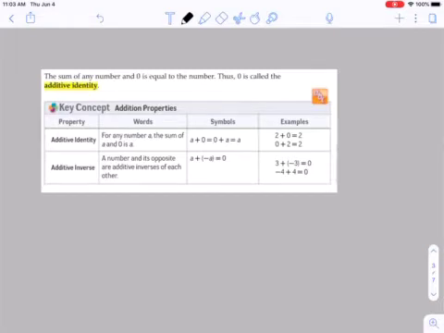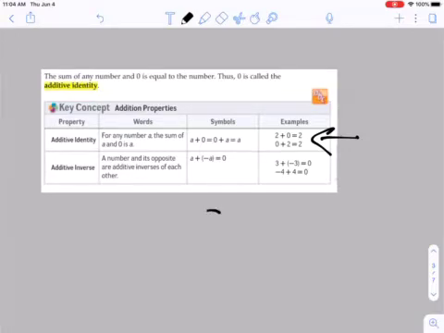All right, so there are some examples off to the side here, and you will need to remember what this is called. And then one that gets confused with it a lot is additive inverse. Additive inverse is different because you're not adding 0, you're adding something to something else that makes it equal to 0. So your sum is 0. And the only way that can happen is if you add the opposite.